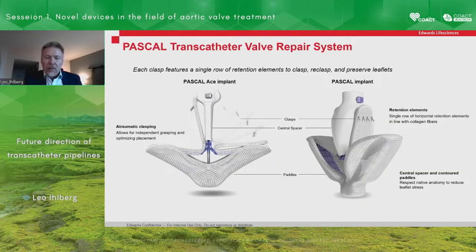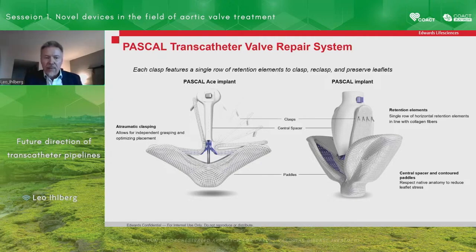Here you see the picture of the actual implant. On the left-hand side, you see the PASCAL ACE implant, and on the right-hand side, you see the PASCAL implant. They both share the same features when it comes to the way the leaflets are captured, in a technique we call clasping.